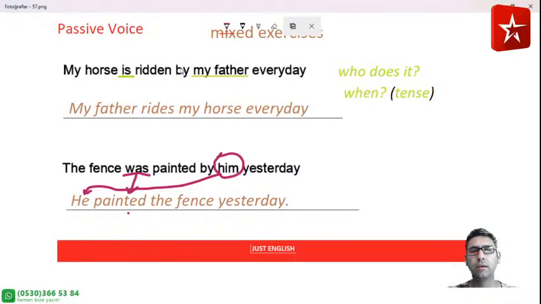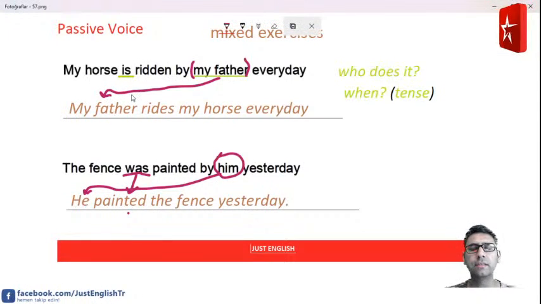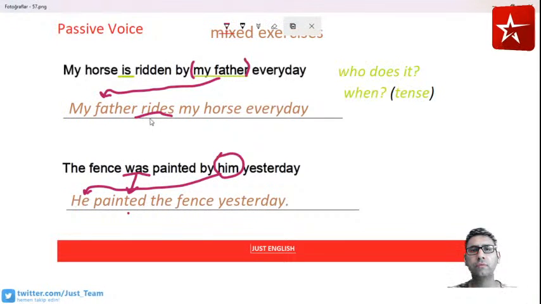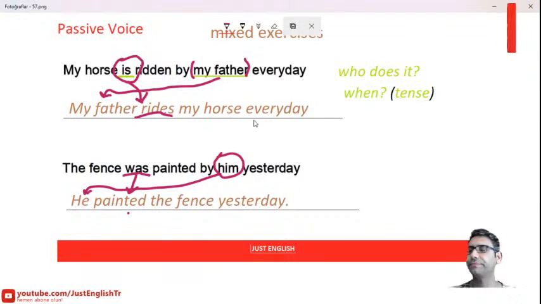Here again, by my father. Okay, my father is the subject, so it comes here at the beginning. And the tense of the verb, how do we find it? How do we define it? By checking to be, is. So it is present simple.